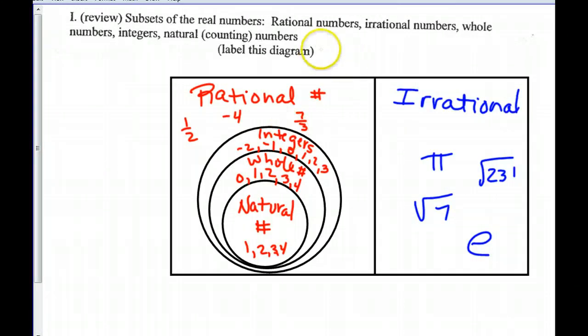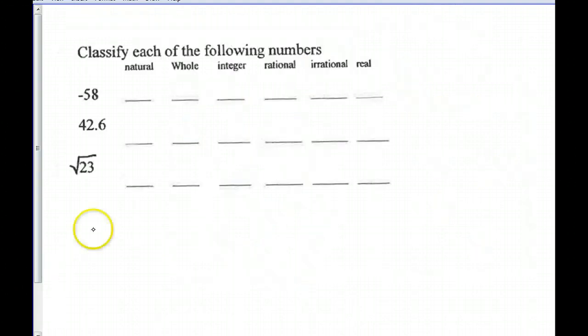Over all of this, guys, these are all real numbers, okay? If we had another category down here, we would have imaginary or complex numbers. All right, we said negative 58 is what? It is rational and real. It is an integer. Very good.